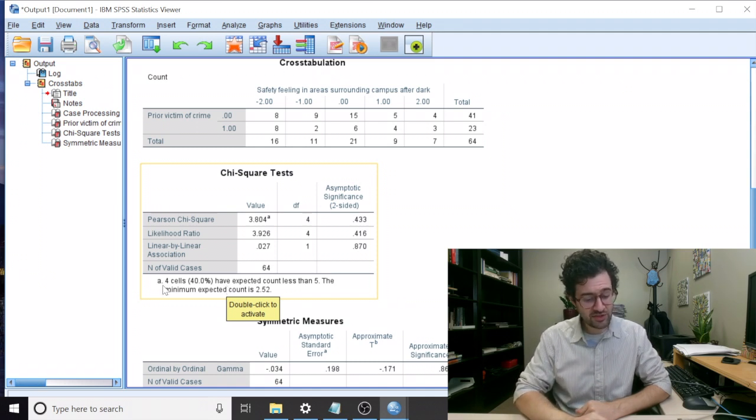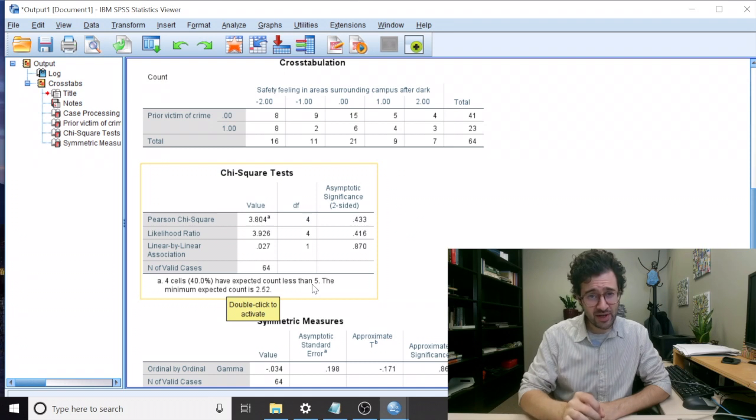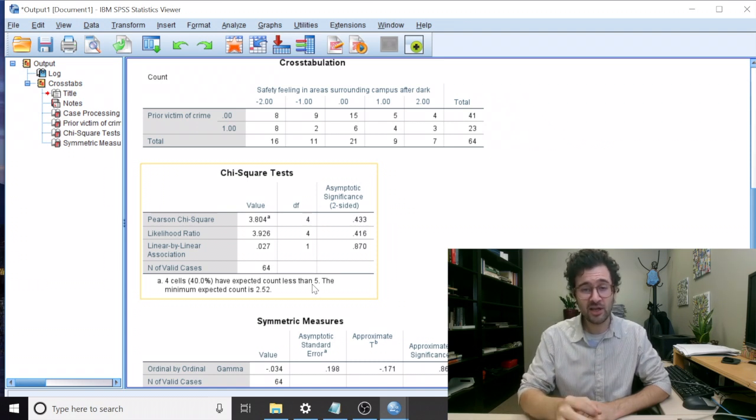Here we have a message saying that 4 cells have an expected count less than 5. This tells us that our sample size is not large enough. This tells us that we cannot use these statistics in this table to make valid inference about the relationship between these two variables in the population.